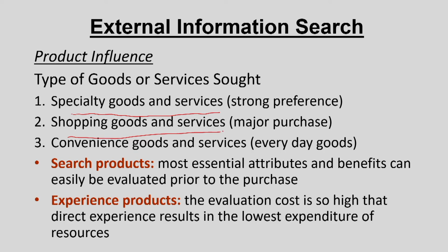Your involvement will be very high. Similarly, shopping goods and services, for example major purchases: you are buying your next refrigerator, television set or oven, something in which you are very involved and which involves a lot of money. So whether the shopping good or service is a major purchase or a minor purchase will decide the external search.